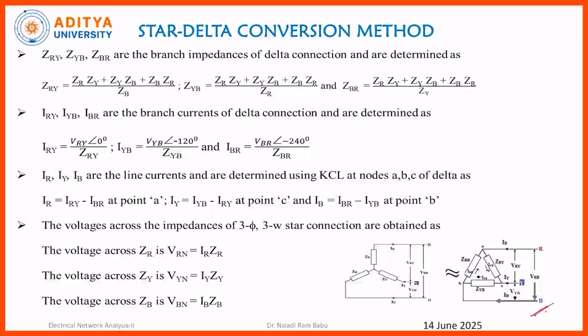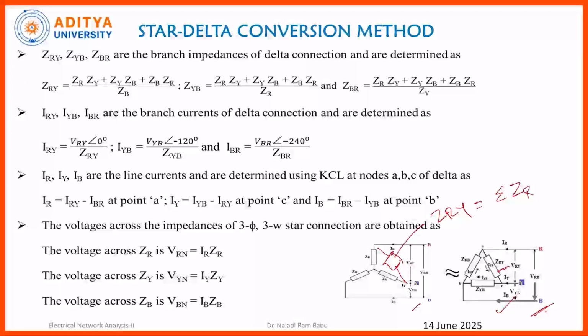See here, I am converting this star to delta. That means here it will be ZRY, connected across this position. In order to calculate this ZRY, you can simply remember a formula.